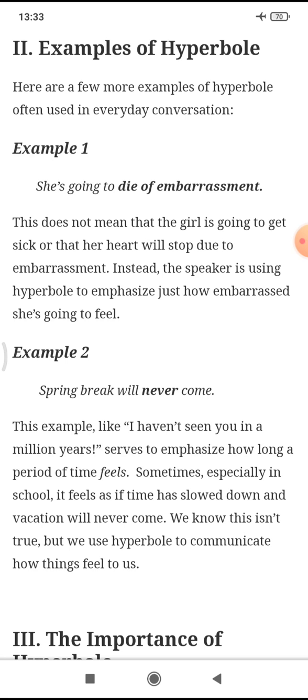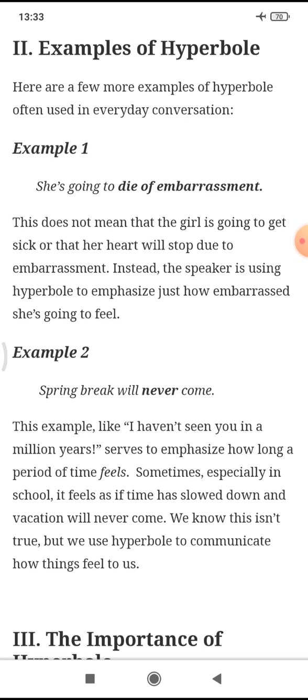This example, like I haven't seen you in a million years, serves to emphasize how long a period of time feels. Sometimes, especially in school, it feels as if time has slowed down and vacation will never come.